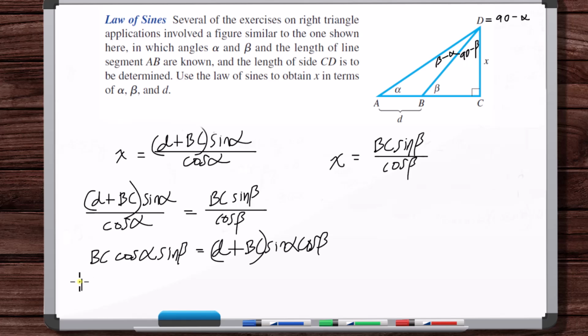So we've got BC cosine alpha sine beta is equal to D sine alpha cosine beta plus BC sine alpha cosine beta.